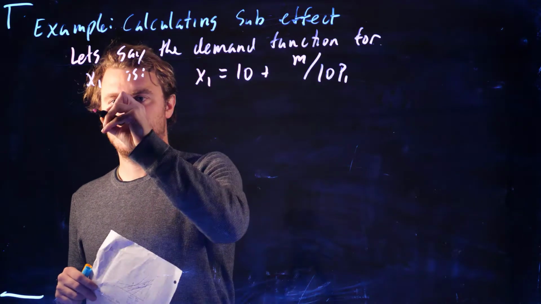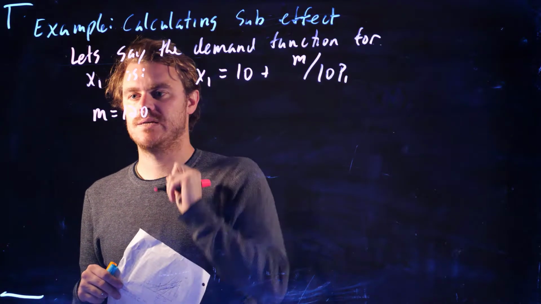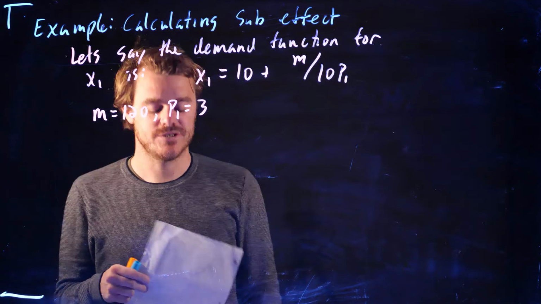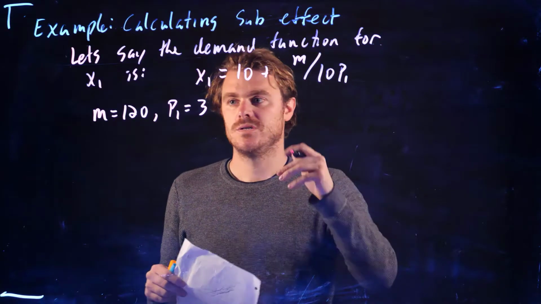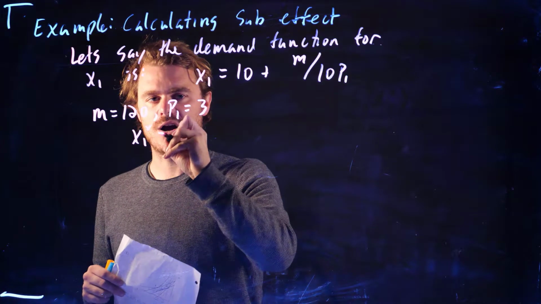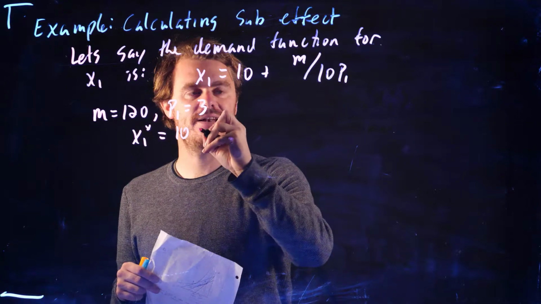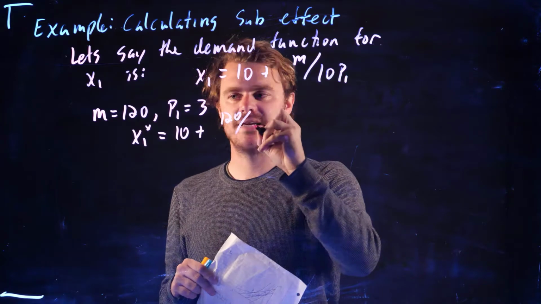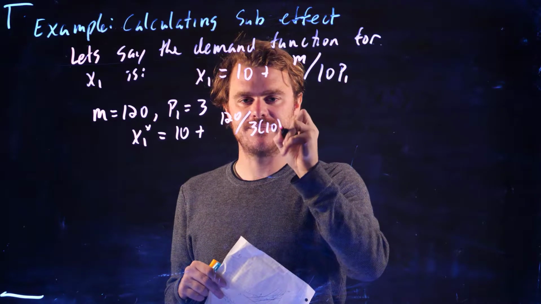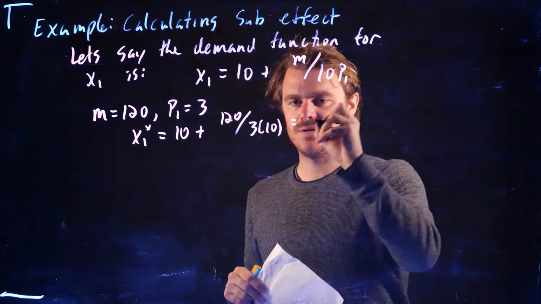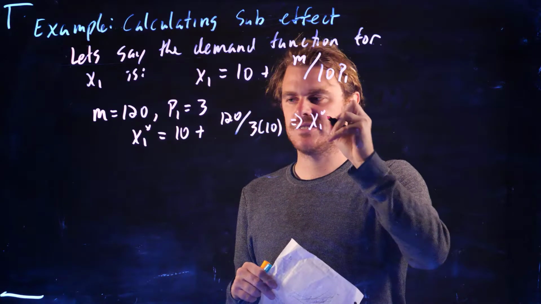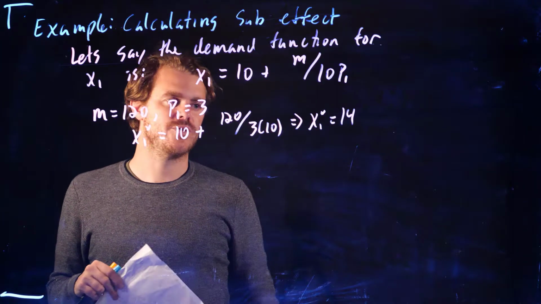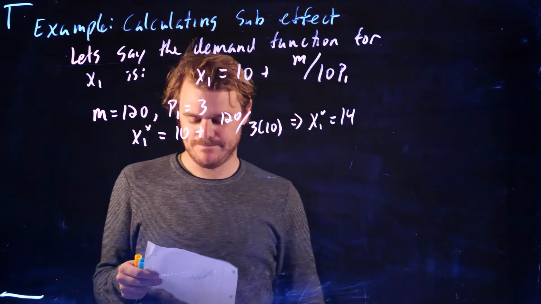Let's imagine originally income is 120 and the price of good one is $3. So that would mean x1 star, the original optimal amount of good one, is 10 plus 120 over 3 times 10. Well, that equals 14. 120 over 30 is 4, 10 plus 4 is 14.